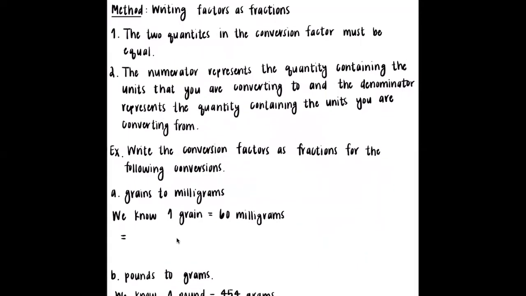Let's first talk about how to write these conversion factors as fractions. The most important thing, the whole name of the game of a conversion factor, is you have to make sure they're equal to one another. The different units that you're talking about should still express the same value.